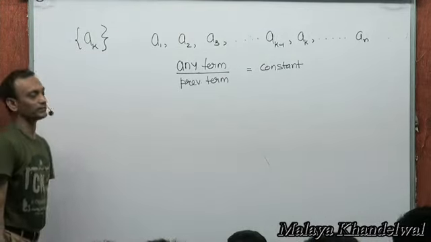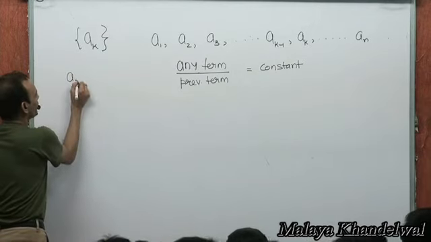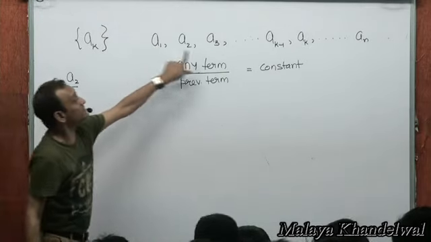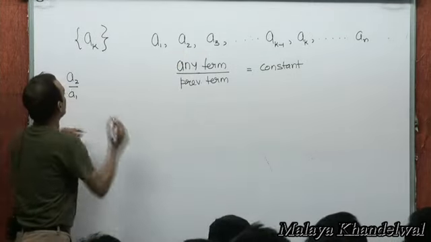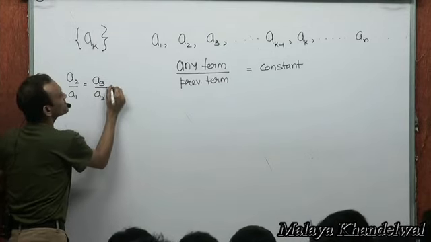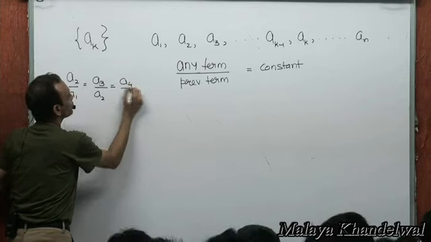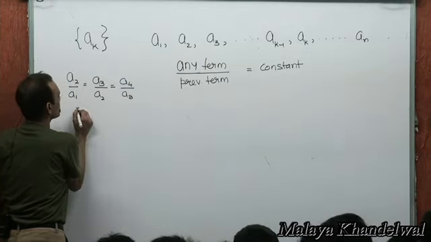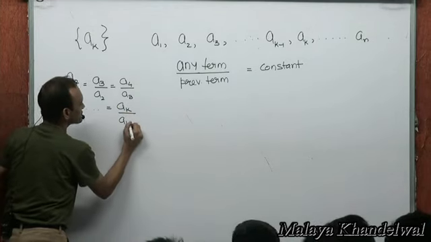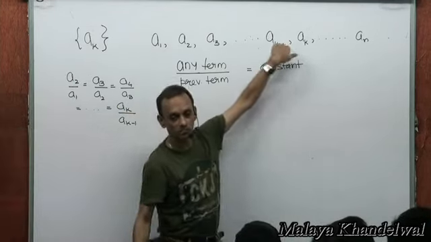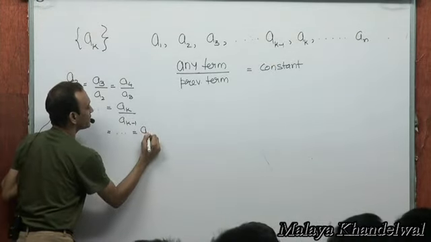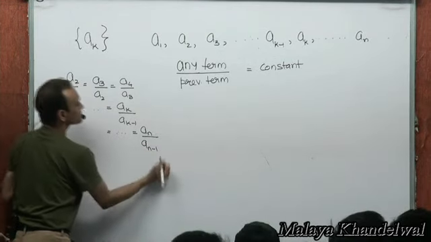If it has this property, that means the value that A2 by A1 gives, any term by previous term, is the same as the value that A3 by A2 gives, is the same as the value that A4 by A3 gives, is the same as the value that AK by AK minus 1 gives, right? In general, is the same as the value that AN by AN minus 1 gives.